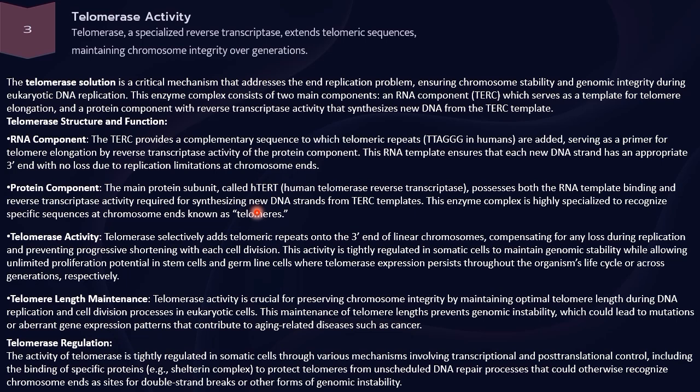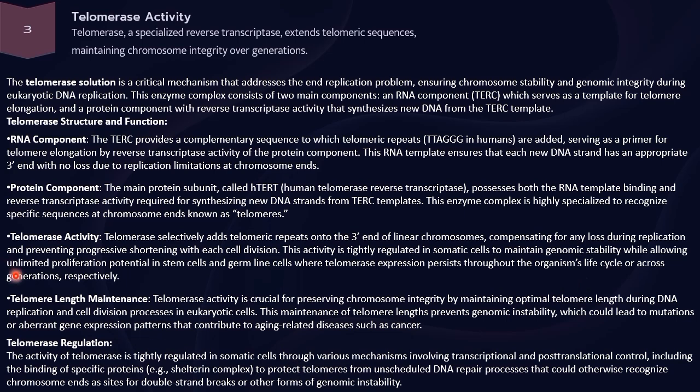Now the telomerase activity: telomerase selectively adds telomeric repeats onto the 3' end of the linear chromosome, compensating for any loss during replication and preventing progressive shortening with each cell division. This activity is tightly regulated in somatic cells to maintain genomic stability while allowing unlimited proliferation potential in stem cells and germline cells, where telomerase expression persists throughout the organism's life cycle or across generations respectively.